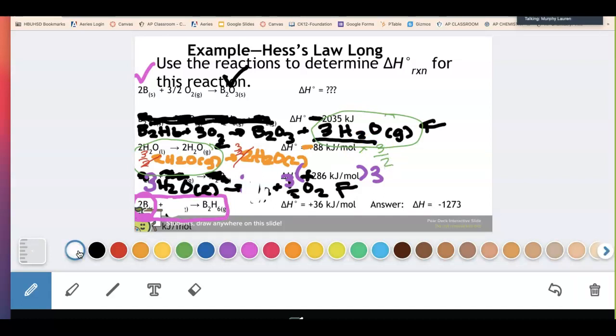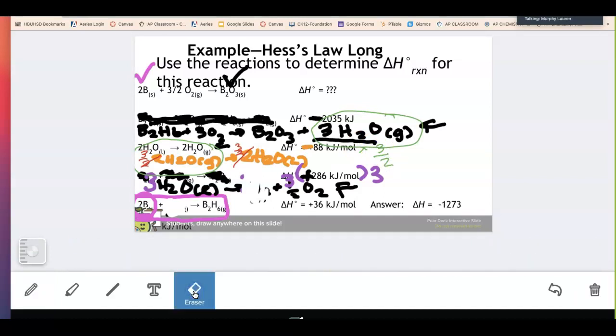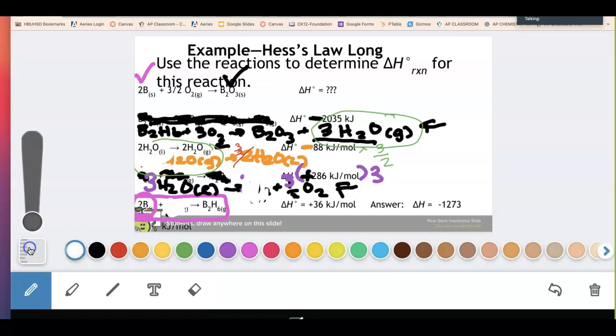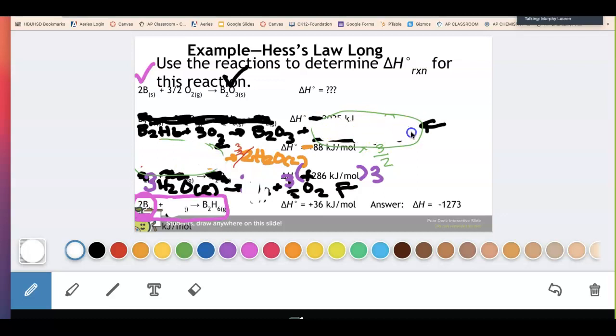So now my water vapors, that's what gas means, is gone. Well, 3/2 times 2 is 3 liquid waters. Oh, look, there's 3 liquid waters down here. Bye-bye.